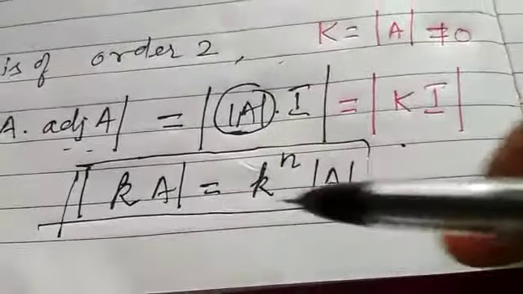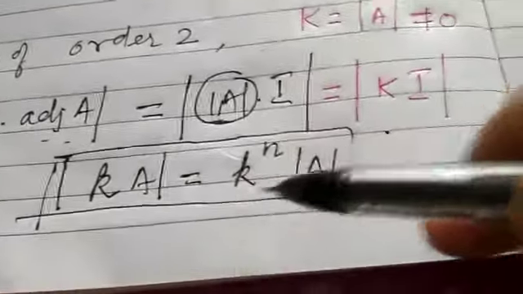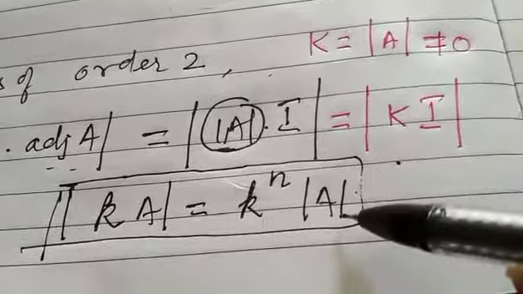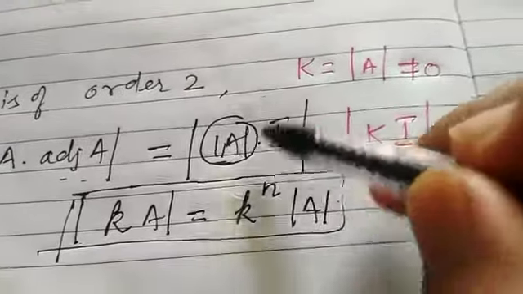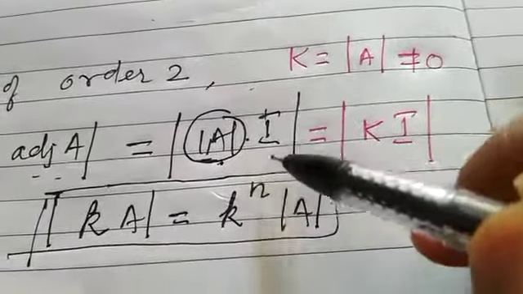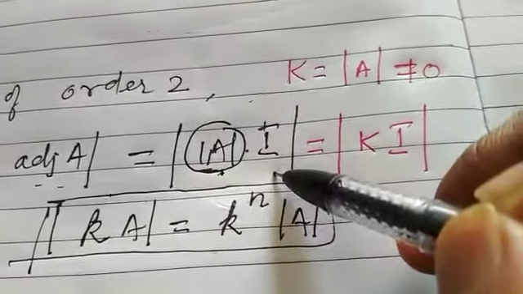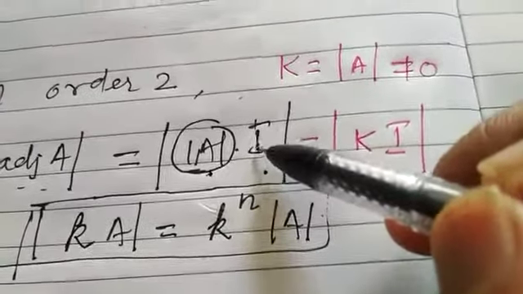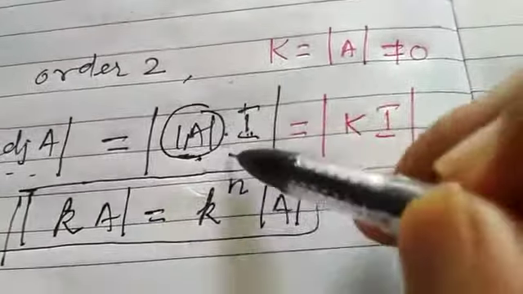Some important identities we have done, and this is one of the good properties which helps us understand that whenever a scalar is multiplied with a determinant, it gets multiplied to only one row or column. Now this number is multiplying the entire identity matrix I. Every element is getting multiplied, so that means it is a scalar matrix.